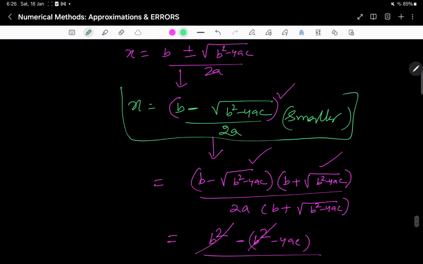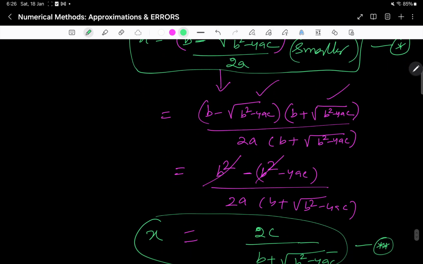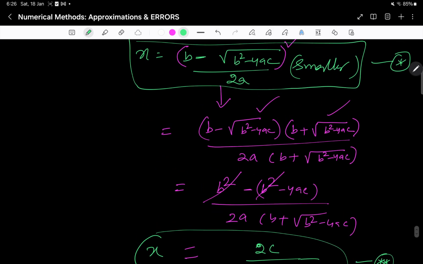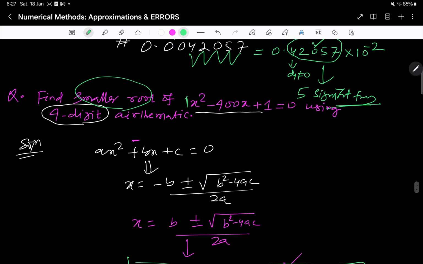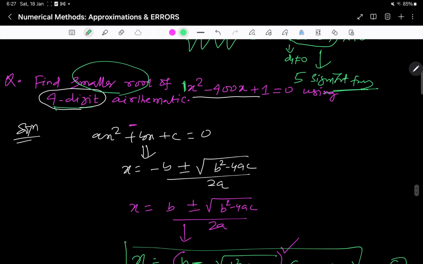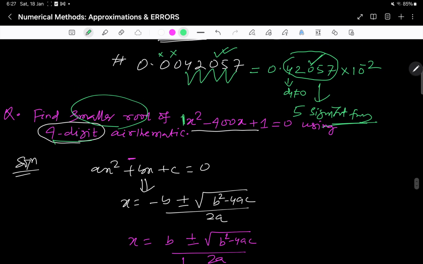So I may use this formula, or I may use the reversed version of this formula. We see out of these two formulas what difficulty we get in which formula. Now what is my a here? My a is 1, my minus b is 400 and c is 1. So I write it in floating point 4-digit arithmetic. 4-digit basically means we write the significant digits.